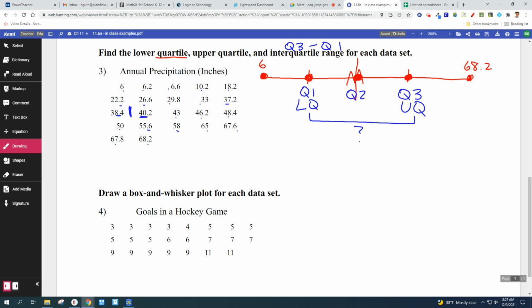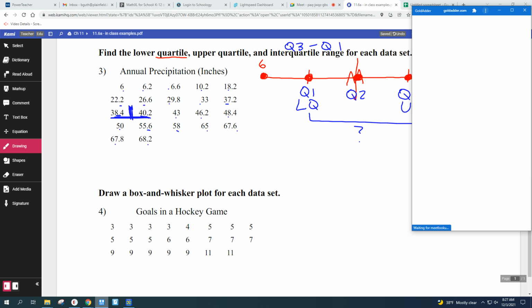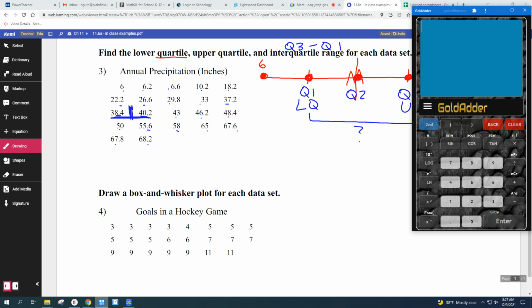All right. When there's an even number and you can't tell me which one's in the middle, you have to find the middle of the middle. So basically these two form the middle of my list of numbers, but since there's two of them, I have to find the middle of the middle. Essentially, that's finding the average of those two numbers.